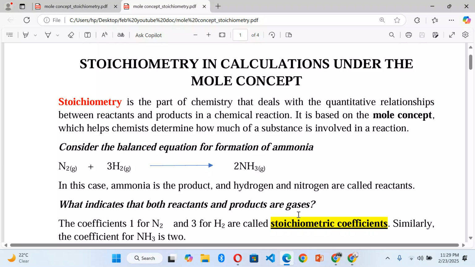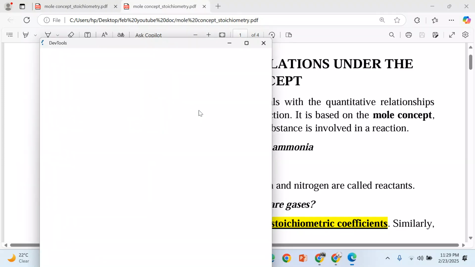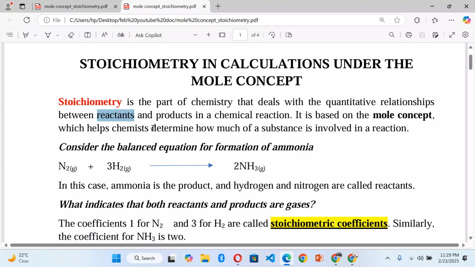In this session, we shall be looking majorly at stoichiometry calculations under the mole concept. And now the question is, what is stoichiometry? Stoichiometry is the part of chemistry that deals with the quantitative relationships between reactants and products in a chemical reaction.